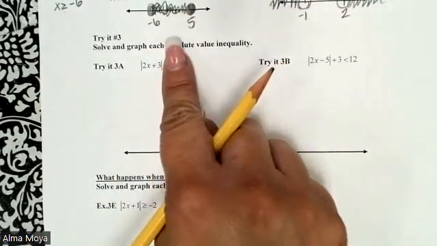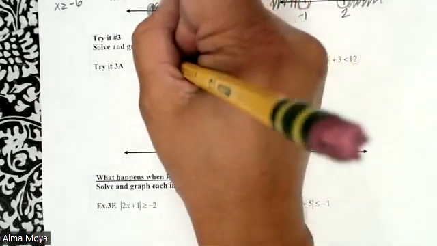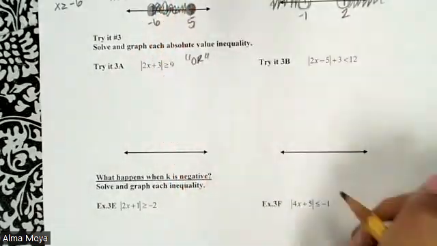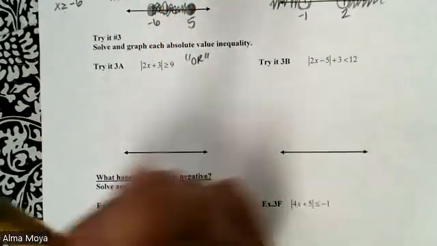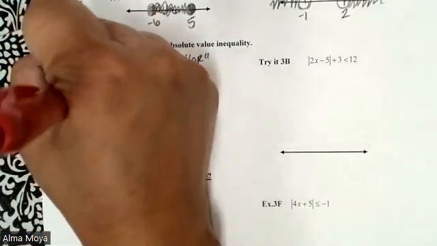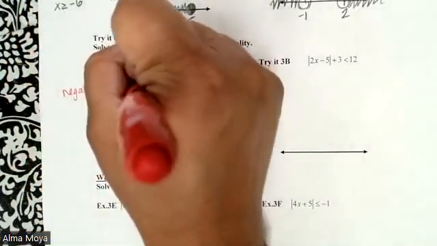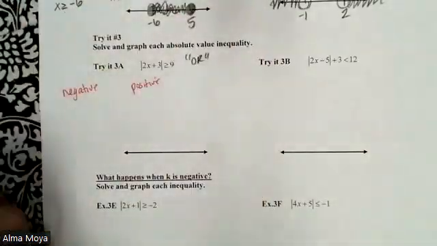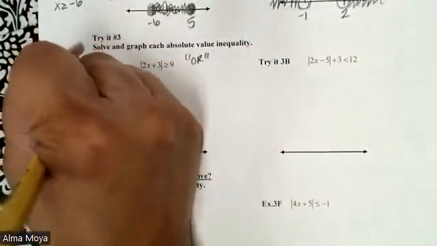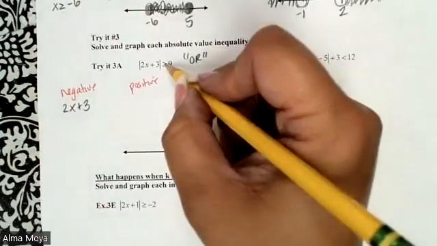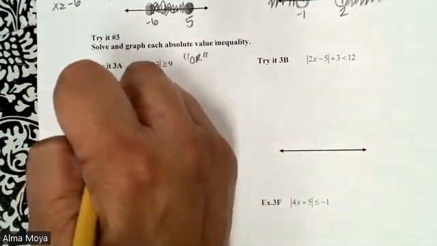Absolute value is isolated. So this is going to be the greater or. I'm going to let it equal a positive and a negative. When it's the negative, I have to flip it.